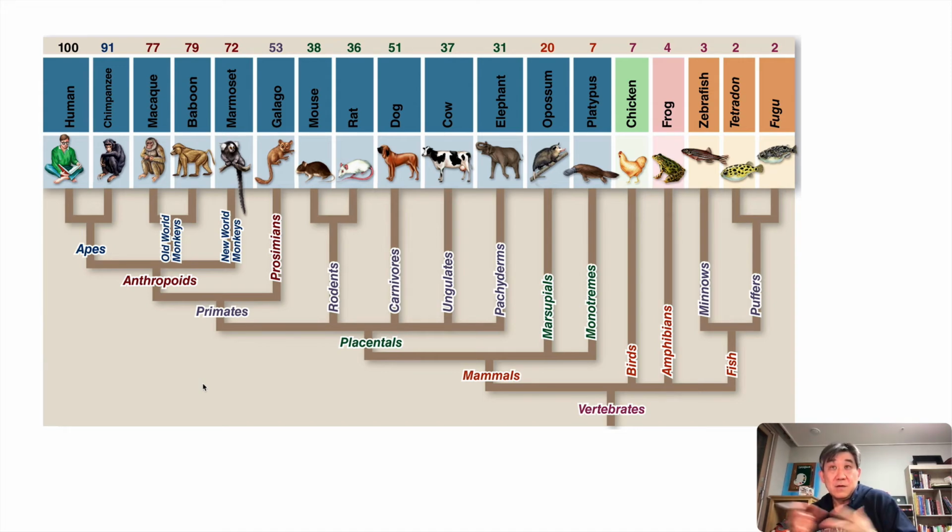And so on this occasion, you can do phylogenetic tree building either through the conventional way or through DNA sequence comparison.